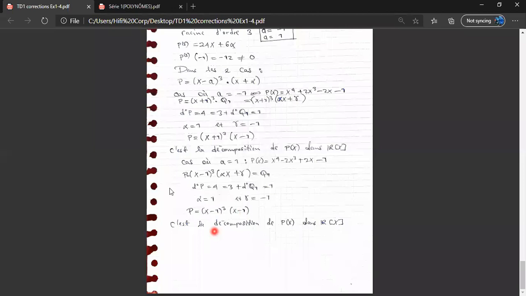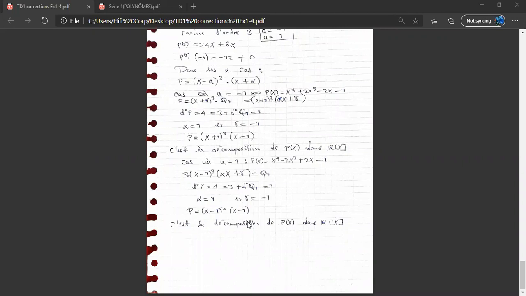Can someone tell us the value of this in the decomposition of P in C? How is it going to be? Someone to help us with the decomposition of this in C. Katongo, who is Katongo?